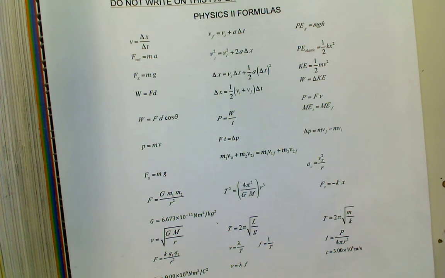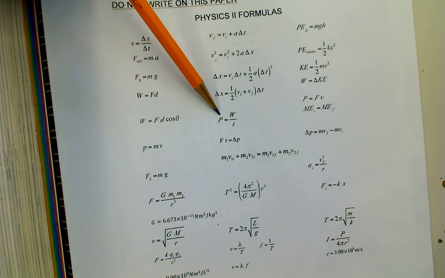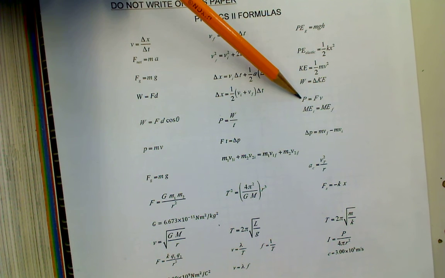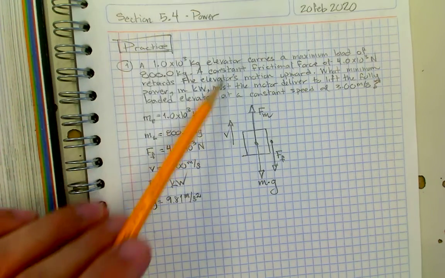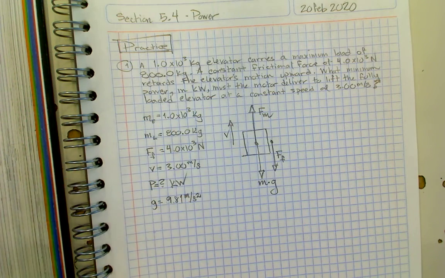And so this all is getting us towards our formulas now. We have two formulas here for power. This one, power equals work over time, and this one over here, power equals force times velocity. And if you look through section 5.4, you'll notice that they're really the same formula.